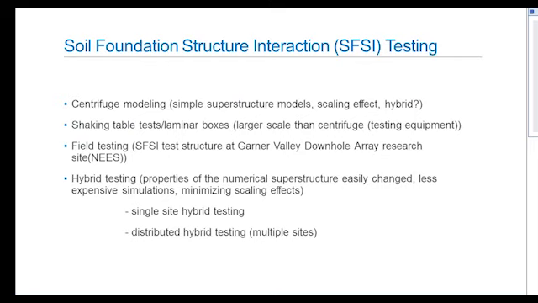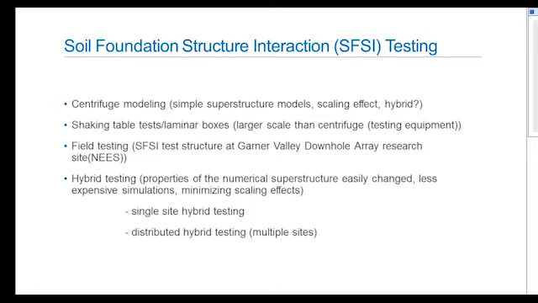One of the examples that I wanted to mention is this test structure at the Gardner Valley Downhole Array Research Site in California. It belongs to UC Santa Barbara, I think, and it's this nice one-story simple structure that is resting on the ground. There is a foundation slab, 4 columns, and the top slab.